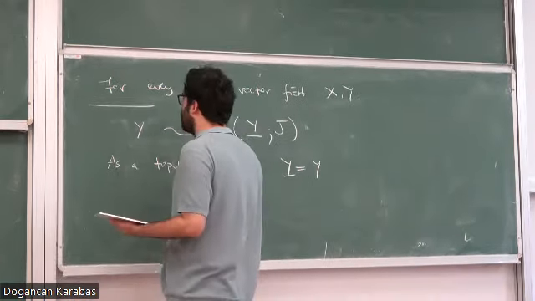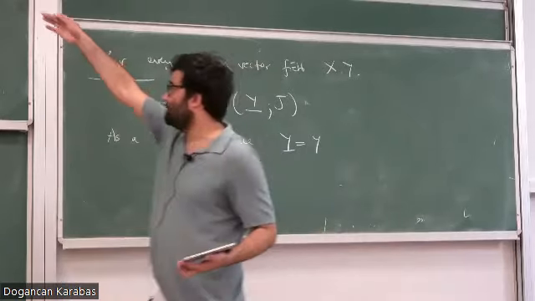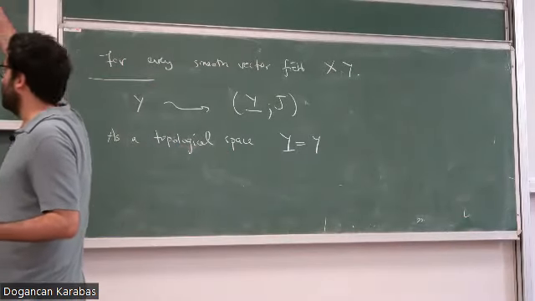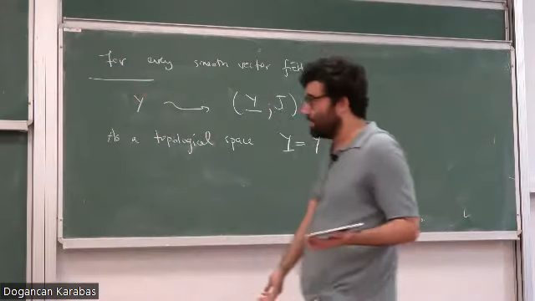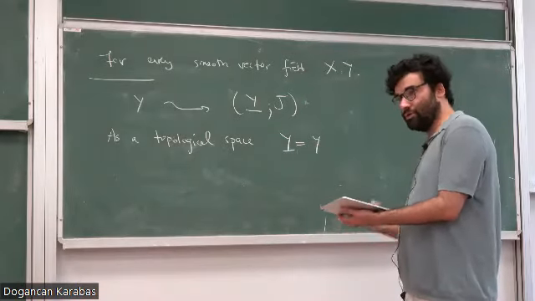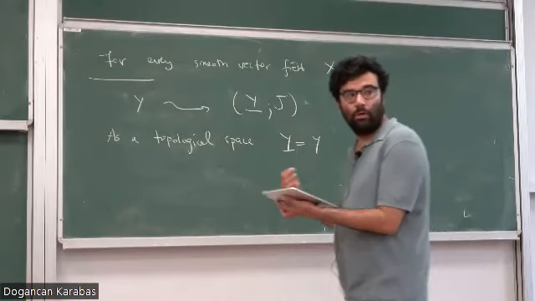And then what you're supposed to do is take this holomorphic atlas and use that to get a smooth atlas, which is of course very easy because holomorphic maps are smooth.